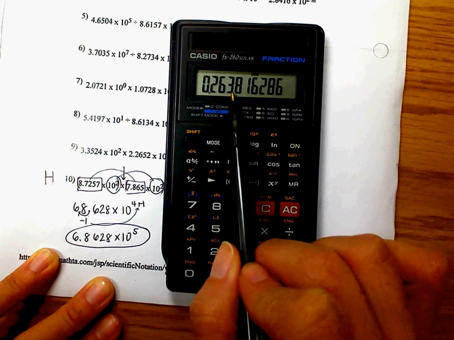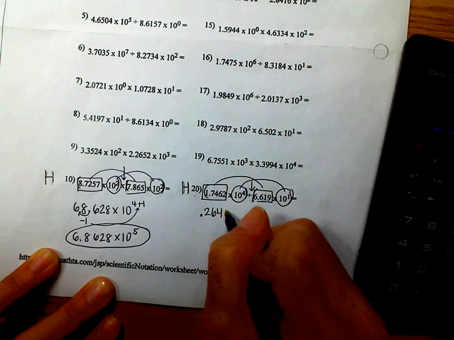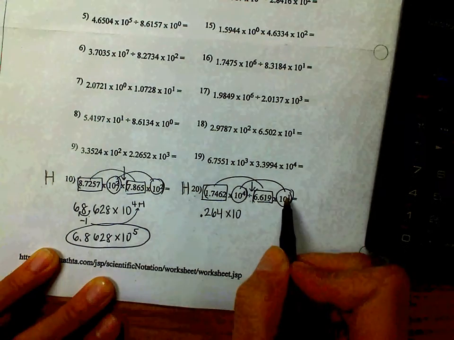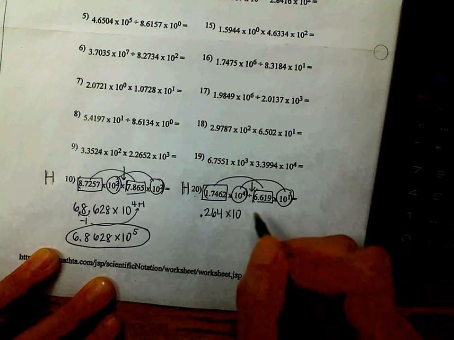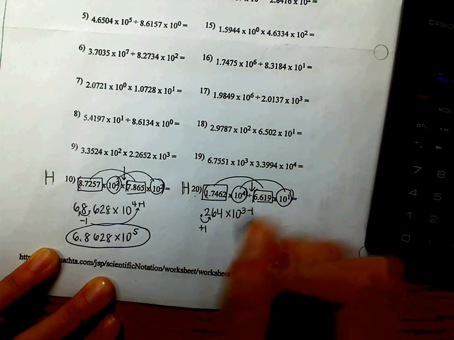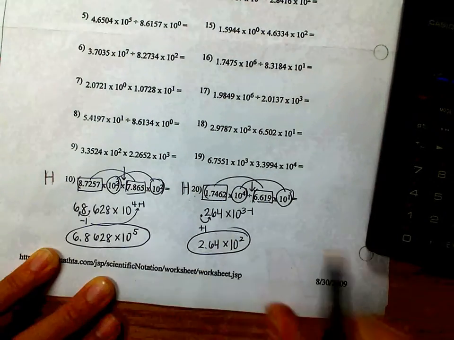The 8 tells the 3 to go up, so it'll be 0.264, and times 10 to the, you're going to subtract exponents, so it's 4 minus 1, which is 3. So you're going to go right 1 and subtract 1, so you'll get 2.64 times 10 to the second power.